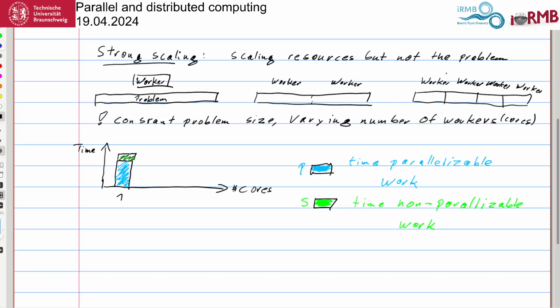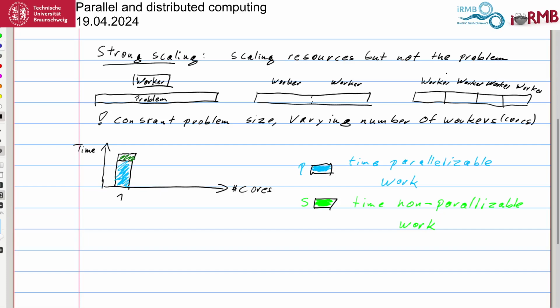So what does it mean? Your task, whatever you do, contains things that you could split up between different workers, and there are parts that you cannot split up between different workers. And as long as you have one core, this doesn't make any difference, of course.